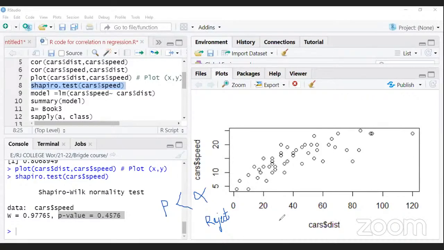If this condition is satisfied, then we say reject the null hypothesis. Otherwise, we have to accept. So here we have greater, that's why we will always accept the null hypothesis. That means your data, or I will say my dependent variable, is normally distributed.